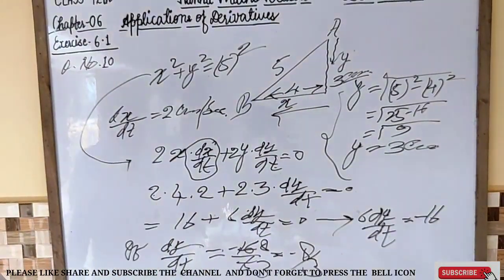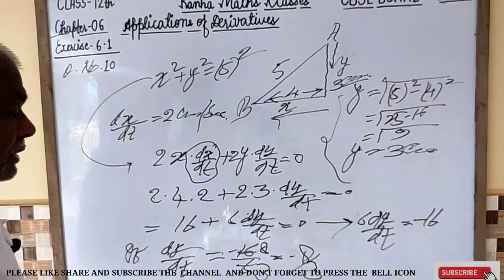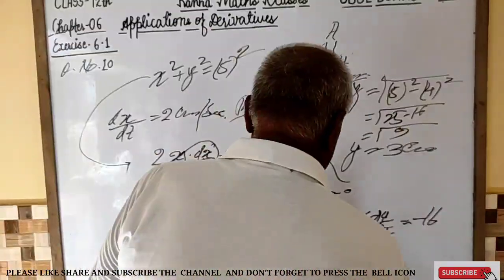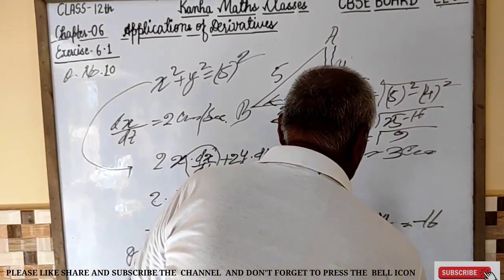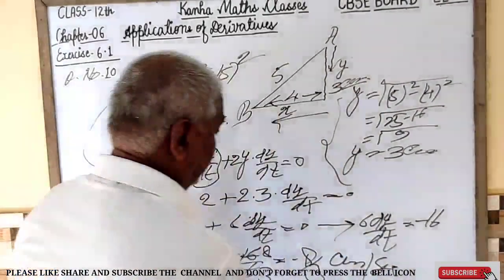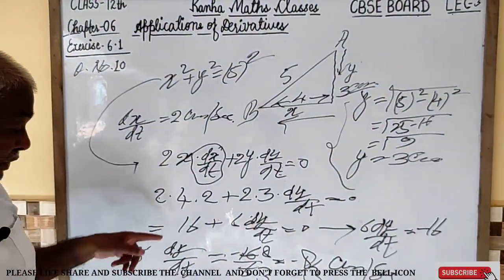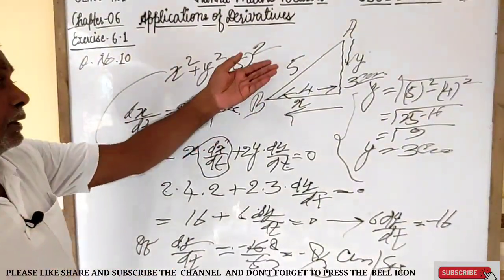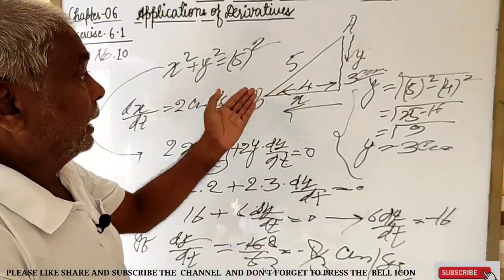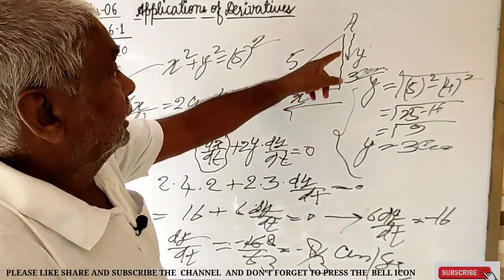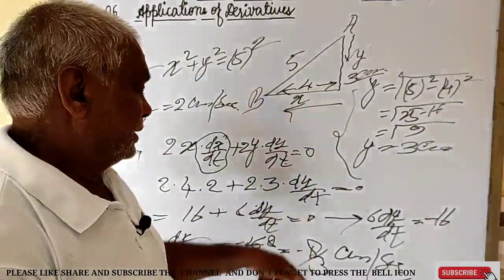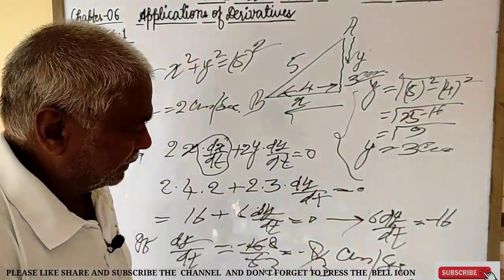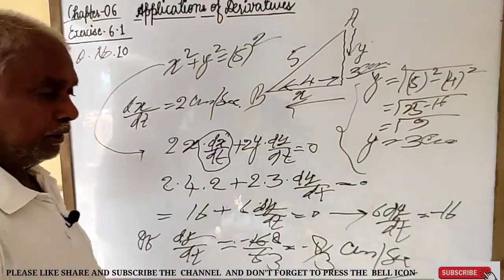Although the question asks at what rate it decreases, so this answer will be positive 8/3 centimeter per second. We can also write it with plus because this is the rate of decreasing. If you don't know whether this decreases or increases, by virtue of the condition of the question, the upper part of the ladder will decrease, and also mathematically we have proved that this is minus 8/3 centimeter per second. Hence this will be the correct answer.